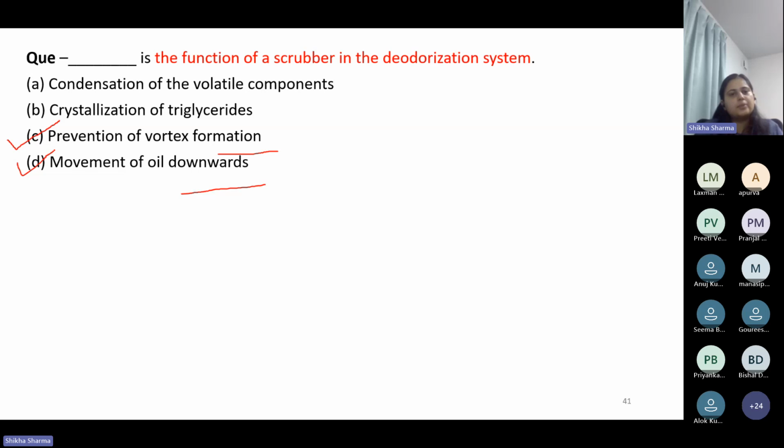Anyone else? A. Condensation of the volatile components.